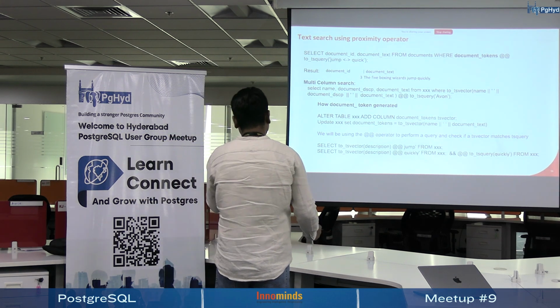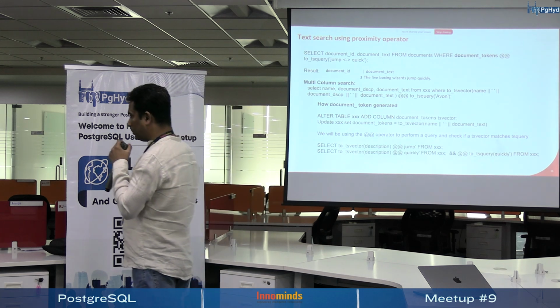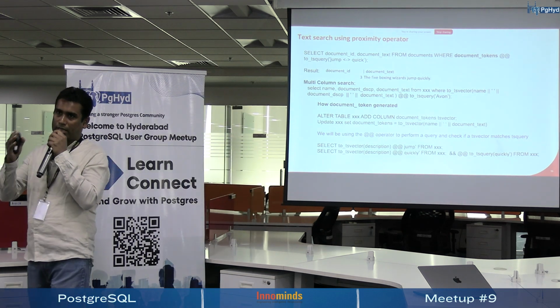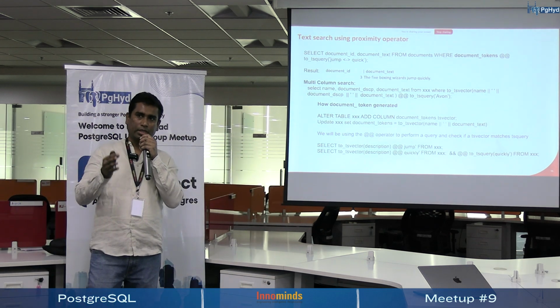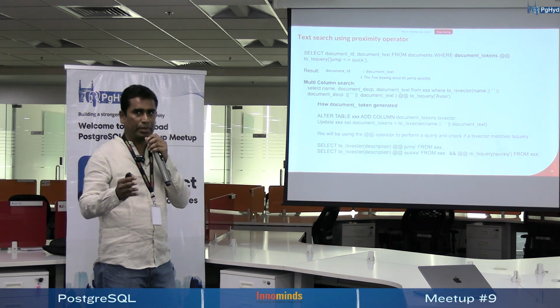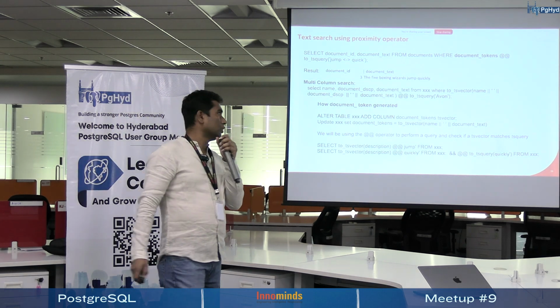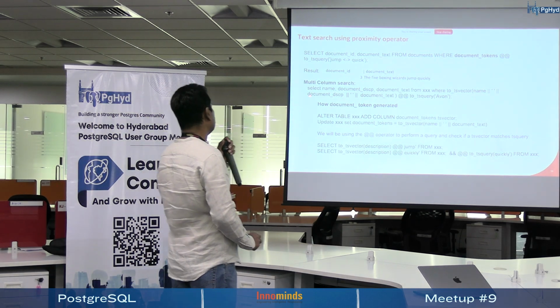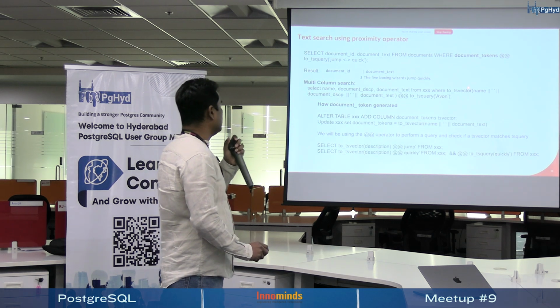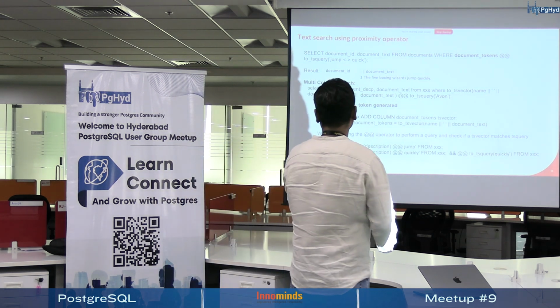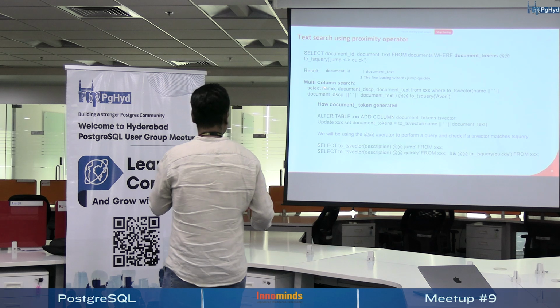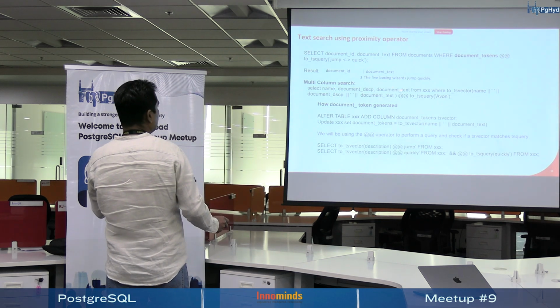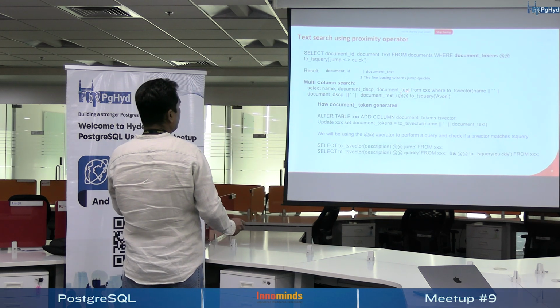Okay. Now coming to the next point. Initially I told we can do it in a single column, we can do it in multiple columns, or maybe a different table also, right? So now here you just check, we are using multiple columns. Say in this particular table, name is there, document description is there, and then document text is here, right?